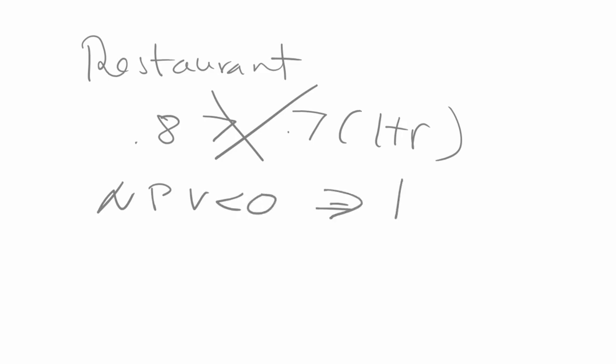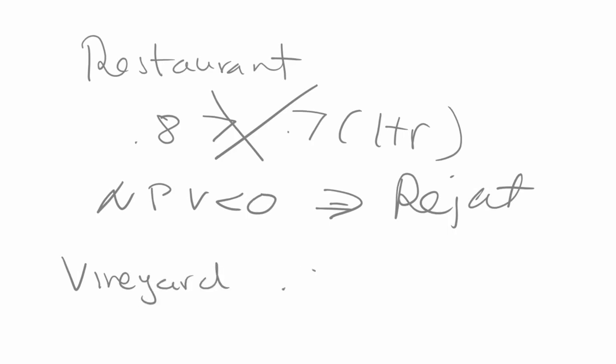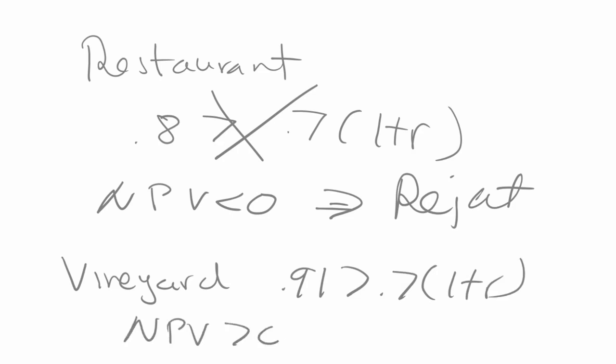So we should reject it. But the vineyard, in that case, 0.91 was bigger than 0.7 times 1 plus R. NPV was bigger than 0, so we should accept it. And remember, the fact that we should accept this doesn't depend on whether Susie wanted to consume the money now versus later, because she could always use the bank.